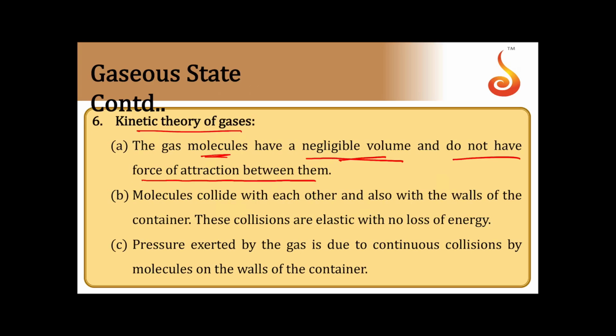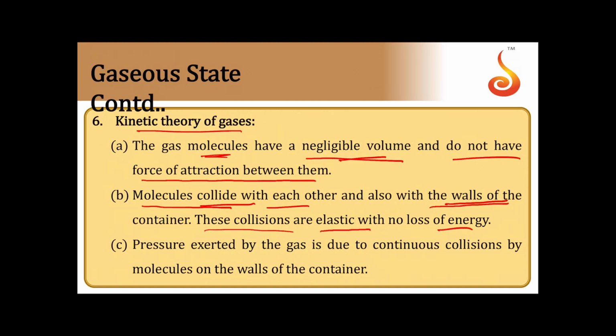And molecules move randomly, and therefore molecules collide with each other as well as with the walls of the container. In the process of collision, the total amount of energy remains the same. Therefore, these collisions are called perfectly elastic in nature.